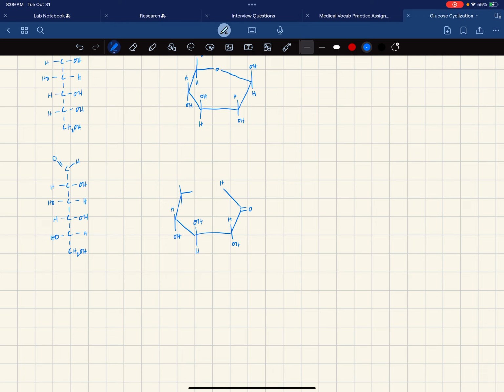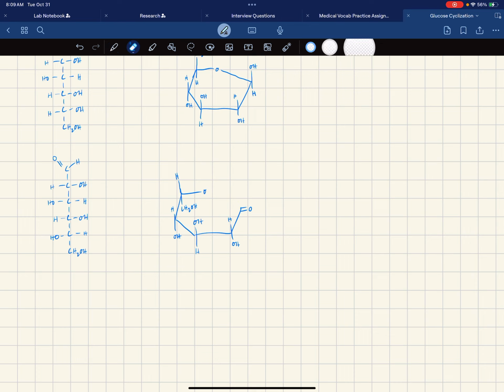But over here, my CH2OH stays there. Because this OH is on the left, it's actually going to be on the top here. And so when I do this, instead of rotating this way like we did with D-glucose, we'll actually have to rotate this way to get this OH where that CH2OH was. And so what that looks like, my CH2OH will be down here, my OH will be there, my hydrogen's there.